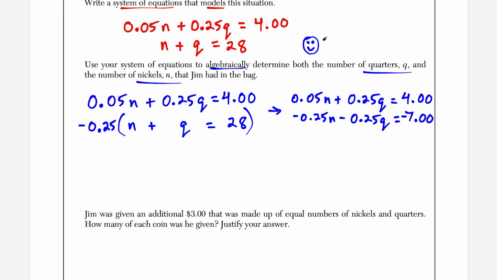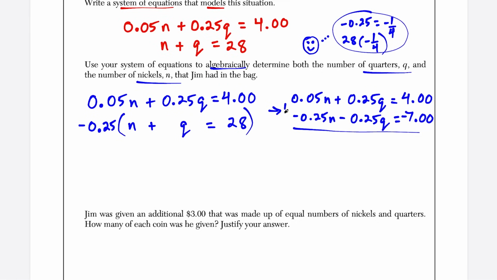Although we do get a calculator for this test, the math I'm doing in my head is 28 divided by negative 4, because negative 0.25 is the same thing as negative 1/4. So I did 28 times negative 1/4, which is the same thing as 28 divided by negative 4. That's where the negative 7 is coming from.